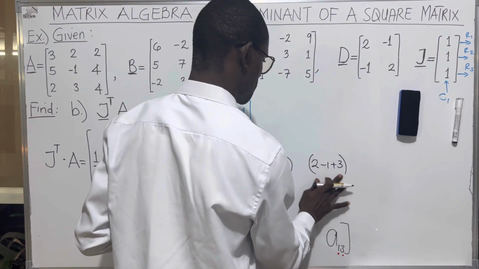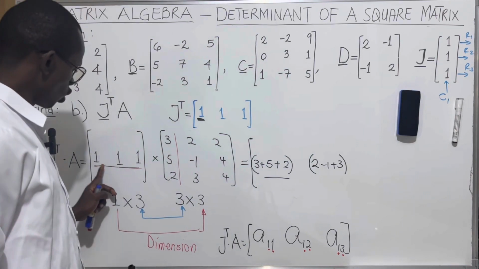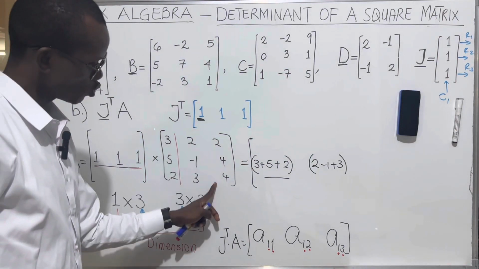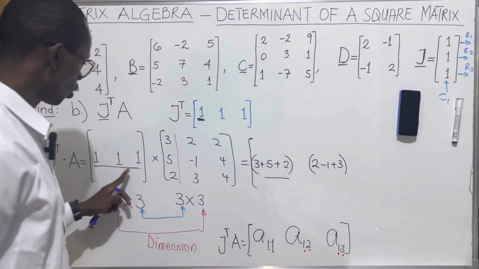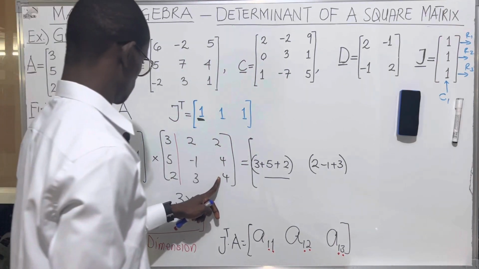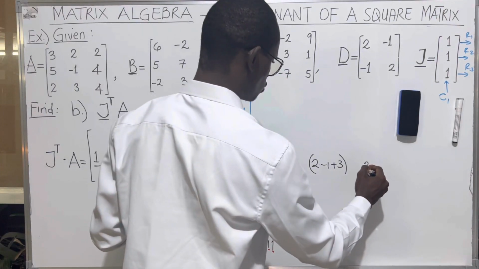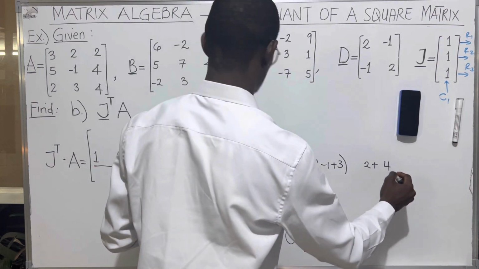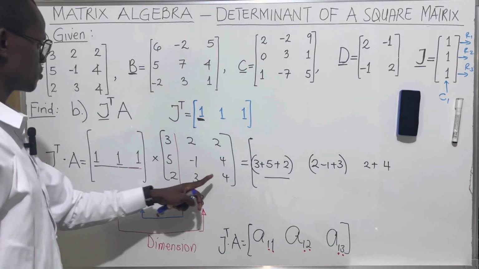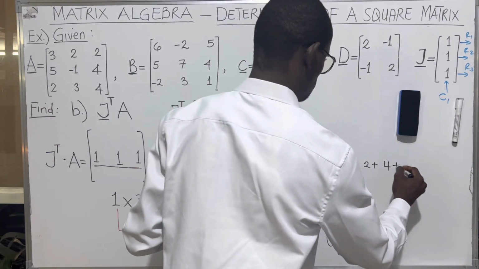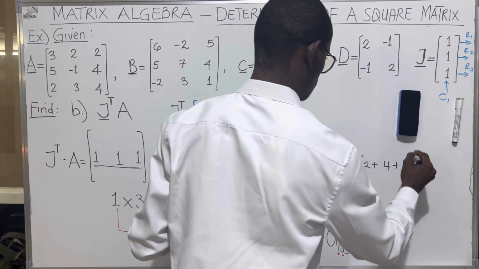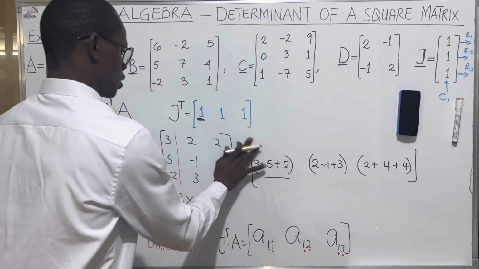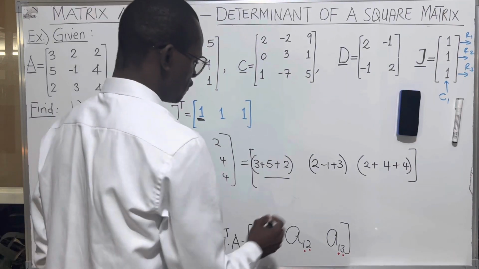Then you leave a little space again. Row 1 again times column 3. So it's 1 times 2, 2. 1 times 4 is 4. And 1 times 4 again is 4. So we simplify now.